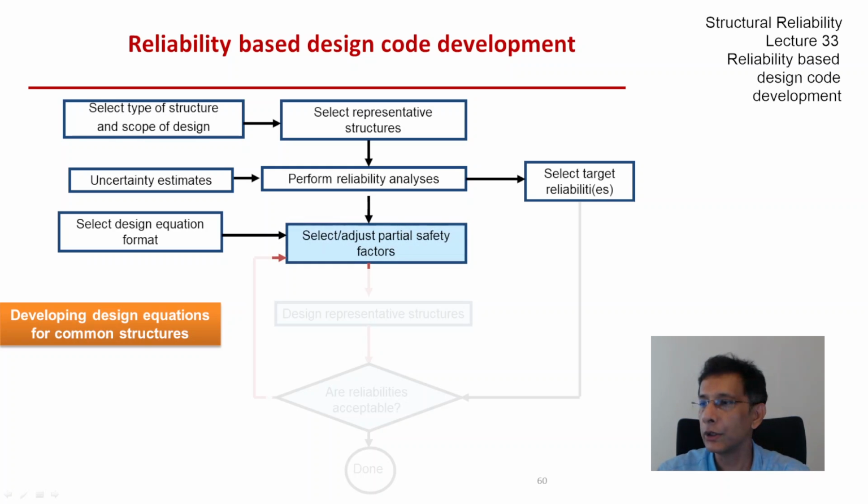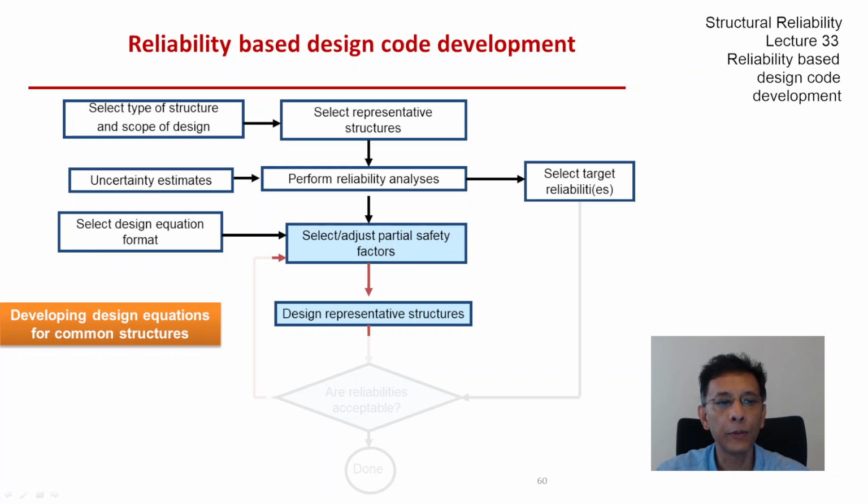Then we start this loop of tweaking or optimizing the partial safety factors. With the design equation format given, we have a trial, and then we design those same representative structures that you see on the top box.